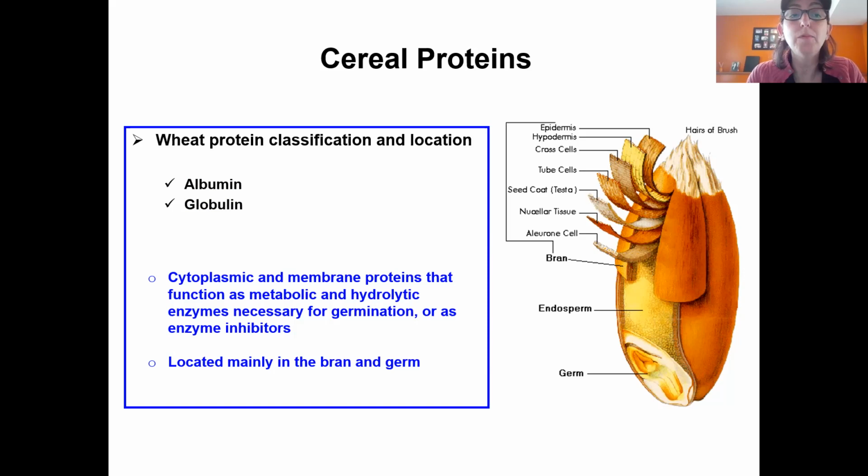So albumins mostly and some globulins are, in this case, in the cereal world, in the wheat, in wheat grains or kernels, they are mostly cytoplasmic, membrane proteins, enzymes.